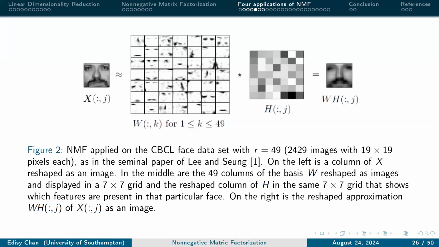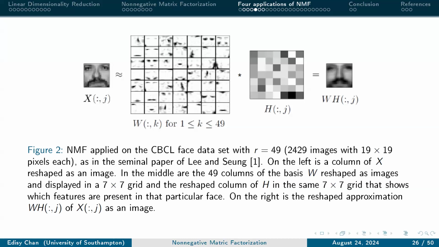Anyway, one of the main goals in machine learning or deep learning is to extract the features from a big set of data, right?